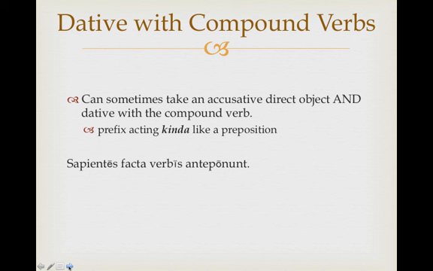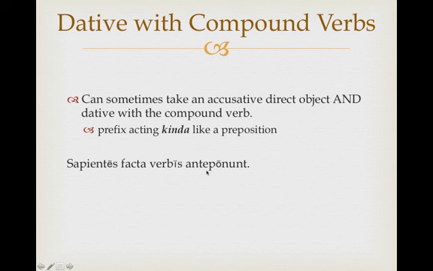So, for example, sapientes facta verbis anteponunt. Okay, so sapientes, wise people, wise men, prefer deeds to words. And again, we have here a direct object and a dative of the compound verb.